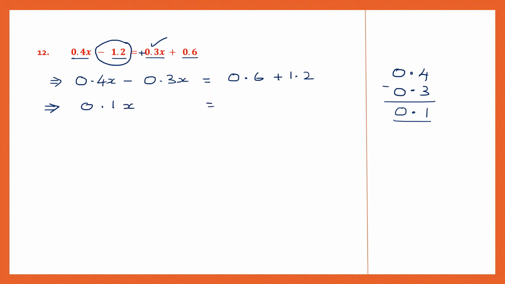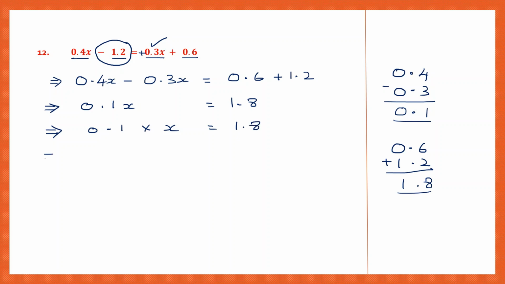This is equal to 0.6 plus 1.2. Let's do that addition. 0.6 plus 1.2. 6 plus 2 is 8. Then we put the point and 1.8. So 0.1x means 0.1 into x is equal to 1.8.